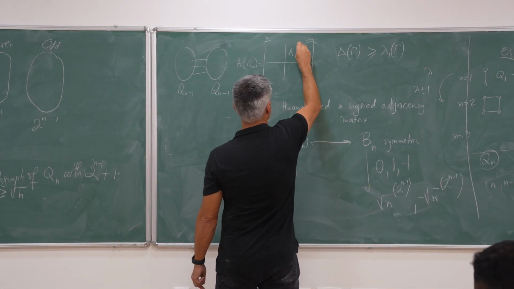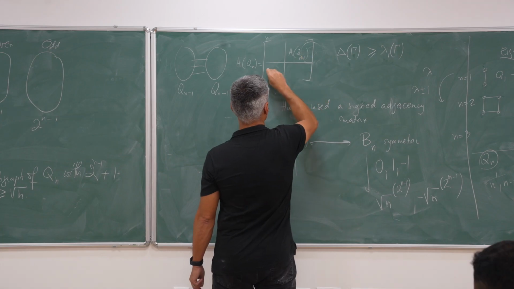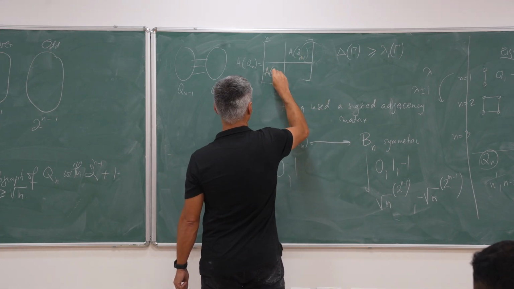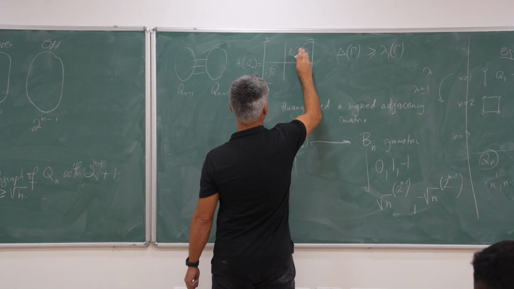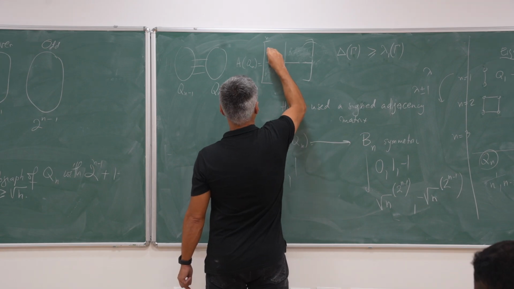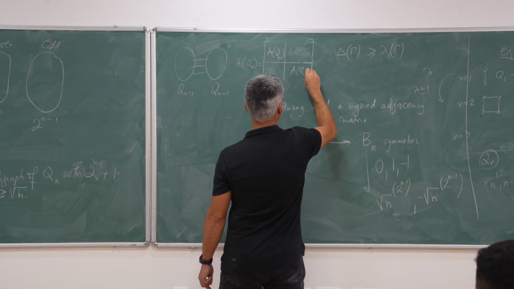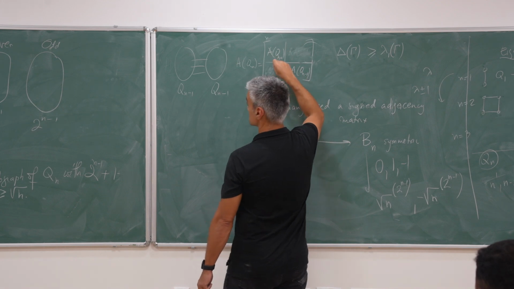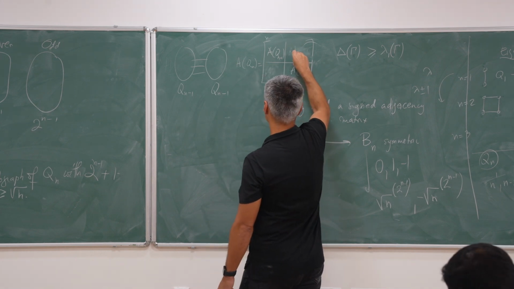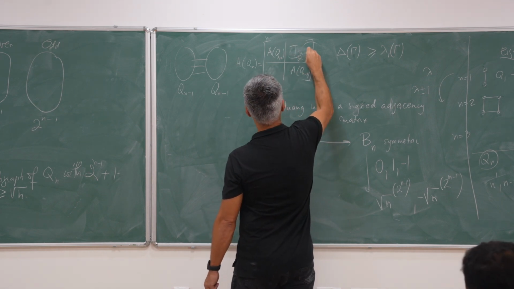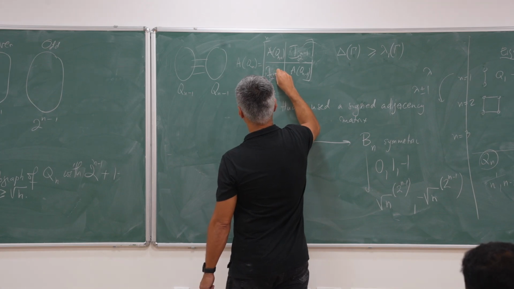I have here the adjacency matrix of Q_{n-1}, and here the adjacency matrix of Q_{n-1}. And what do I have in the other blocks? Identity. Identity of size 2^{n-1}, identity of size 2^{n-1}.